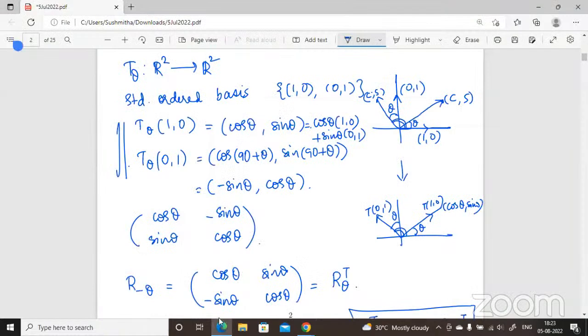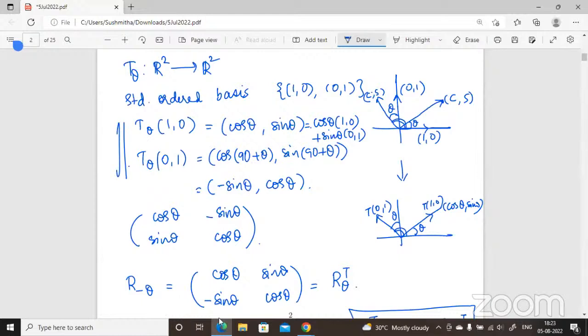How did you get this matrix, cos theta minus sin theta? I had explained this twice actually. Did you join late? I understood that we have taken that standard ordered basis, but then we have taken rotation of that. Okay, so what does the rotation transformation do?